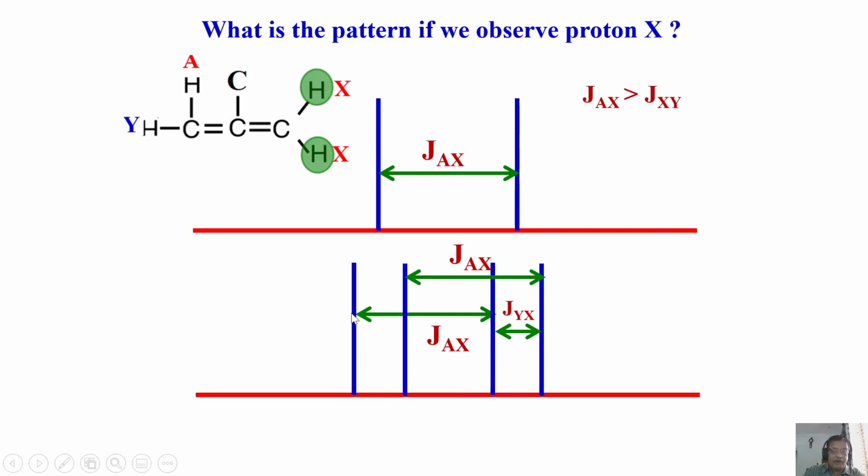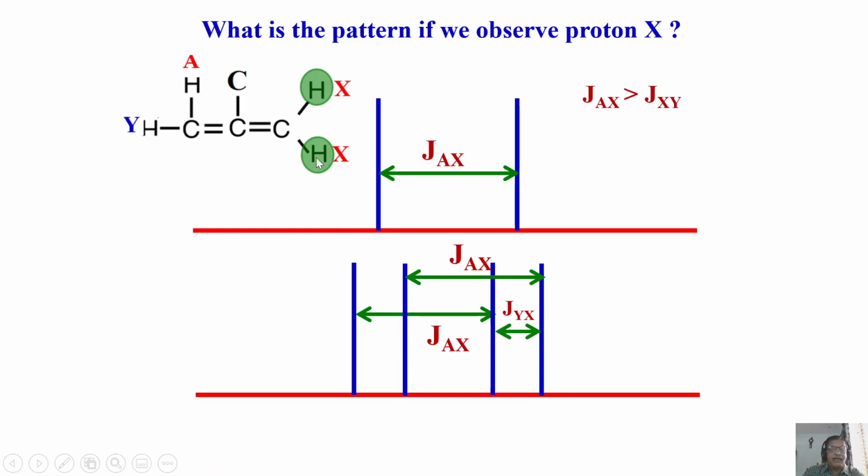Otherwise, take the left peak of this doublet and the left peak of the other doublet and measure the separation. That also gives you the AX coupling. But the smaller separation gives you the YX coupling.